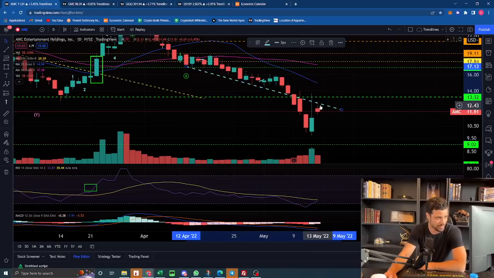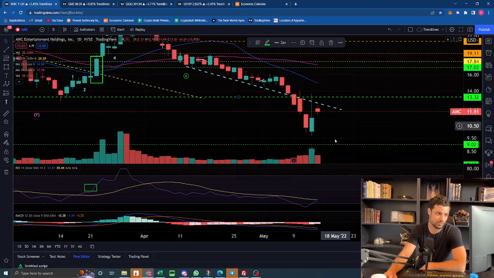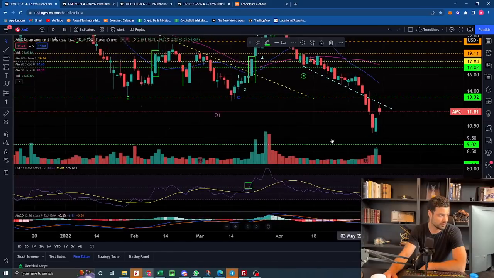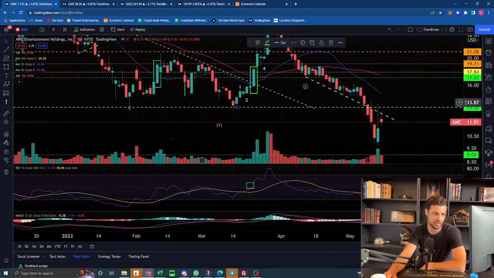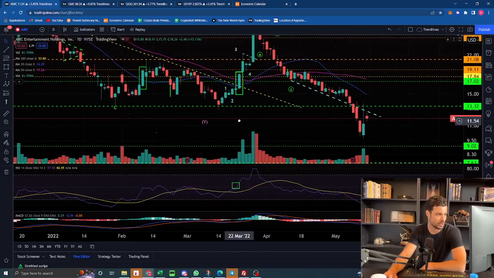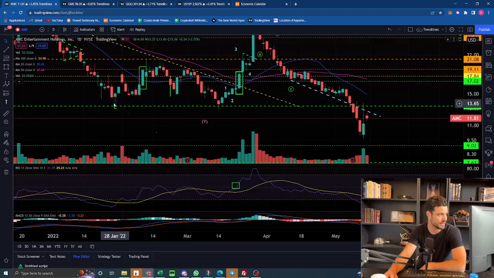So to me, this is the area of resistance, roughly around 12.5, 12.6, and the major resistance, which is the pivot point we have. A pivot point is a horizontal support or resistance where you had multiple reactions in the past and usually a lot of volume. So here is our pivot point, 13.5.